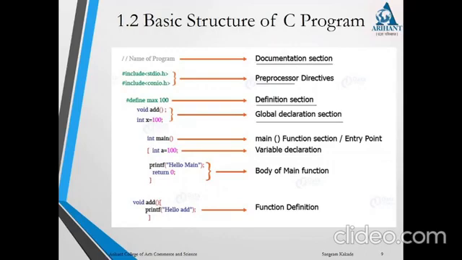So suppose I want to make a calculator. Now, if I write the entire code within the main function, it will be very complicated. Instead, I'll break this task down into several small tasks. For addition, I'll write a separate user defined function.